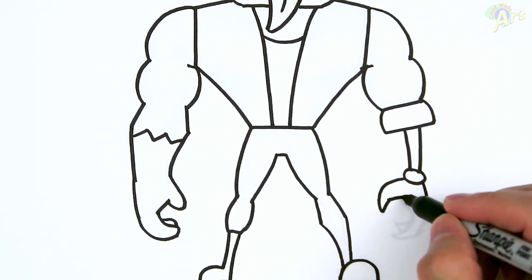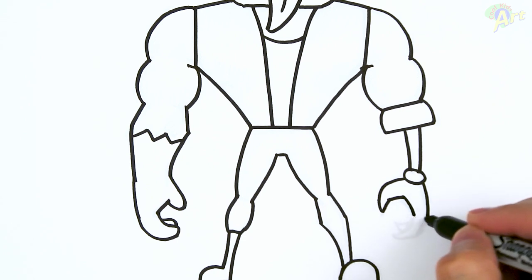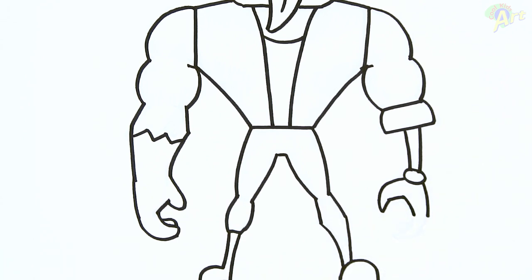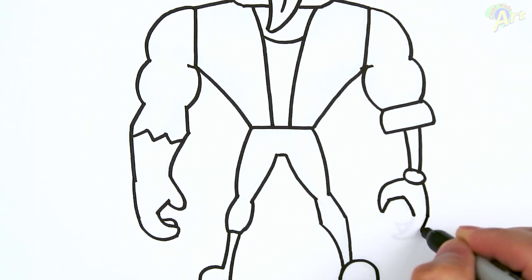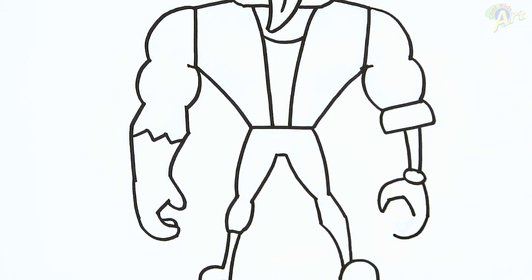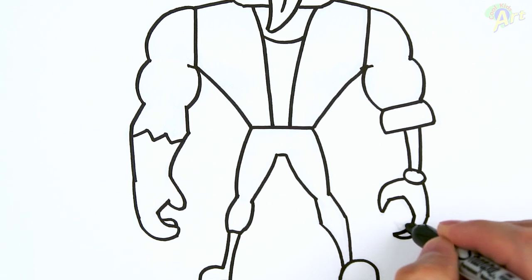And then on this one, just come down, meet up right around here. And then now for the fingers, we'll start on the outside. It's kind of one little hook. And we'll connect to this, again, nice and sharp on the tip. Okay, and then for the other fingers, make it nice and sharp as well.